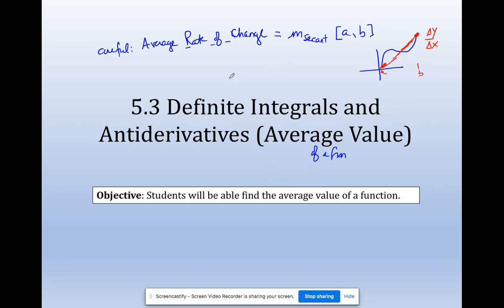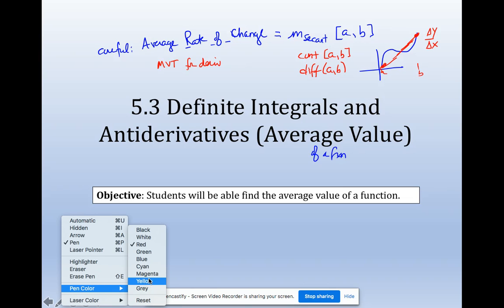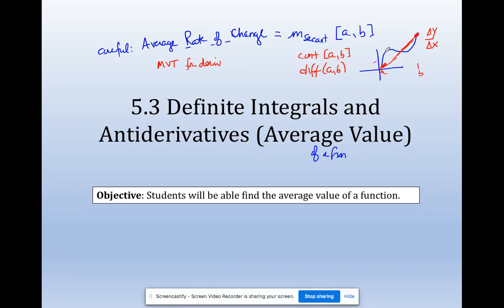And then we talked about the mean value theorem for derivatives, saying as long as you were continuous on that closed interval and you were differentiable on the open interval, then you were guaranteed at least one tangent line that was parallel to that secant, and the x values where that would occur were going to be between A and B, right?